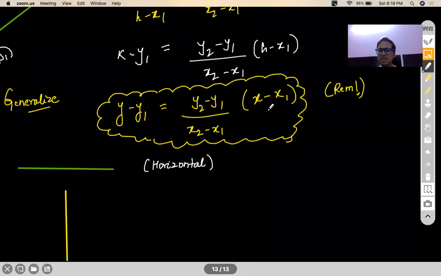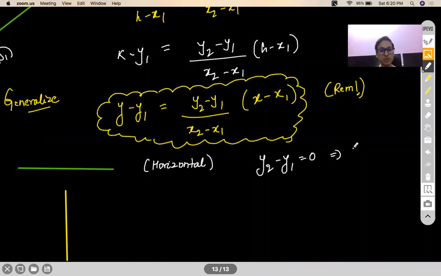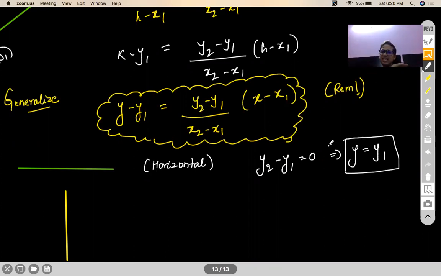So y2 minus y1 will be 0 for a horizontal line. That means your equation will boil down to y equal to y1. Any horizontal line equation will be y equal to some constant. Get this straight away in your mind. So y equal to constant is the structure of any horizontal line.